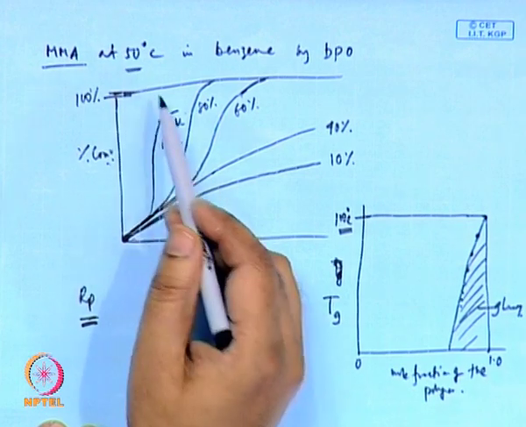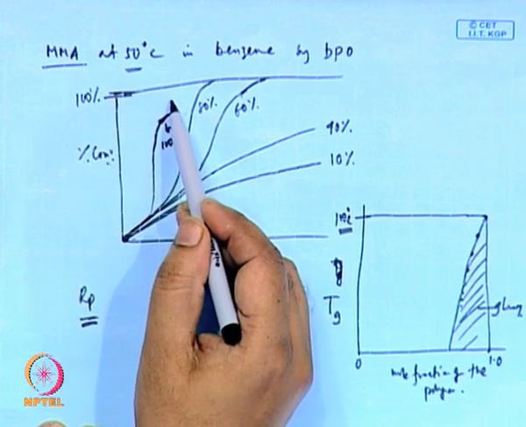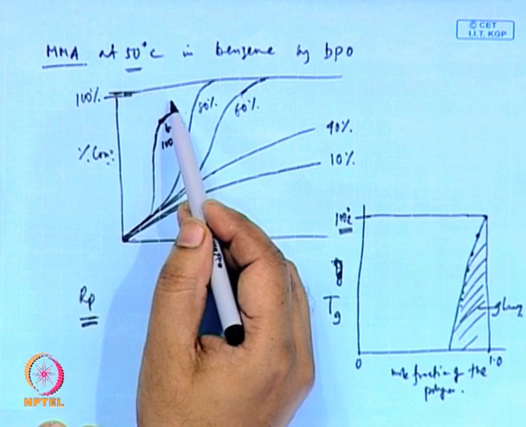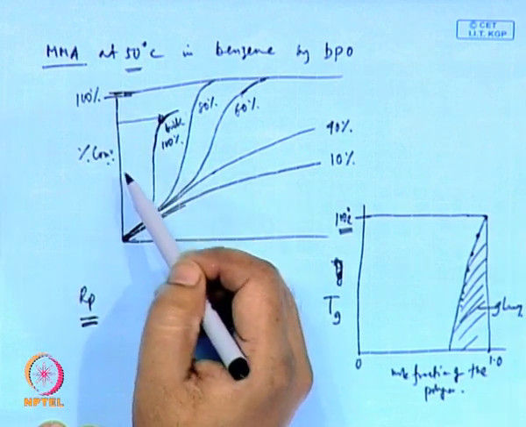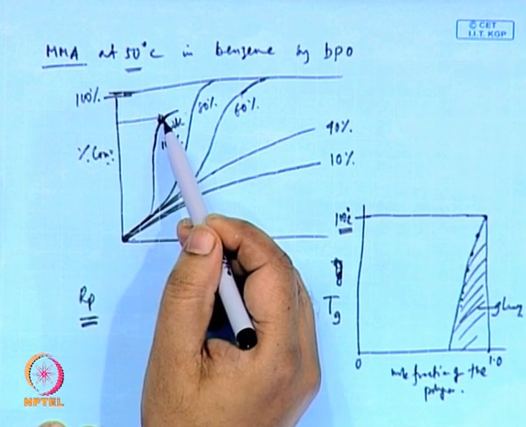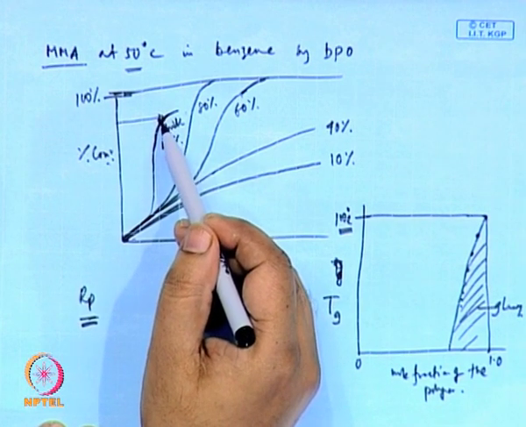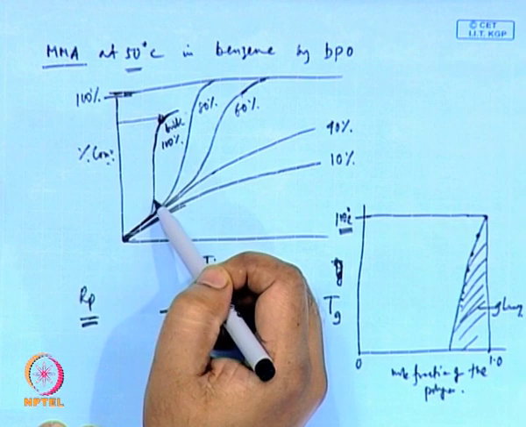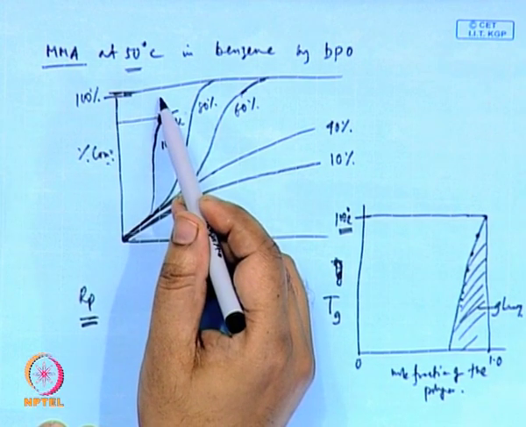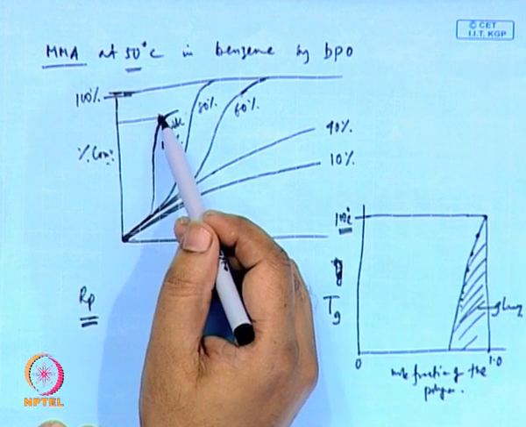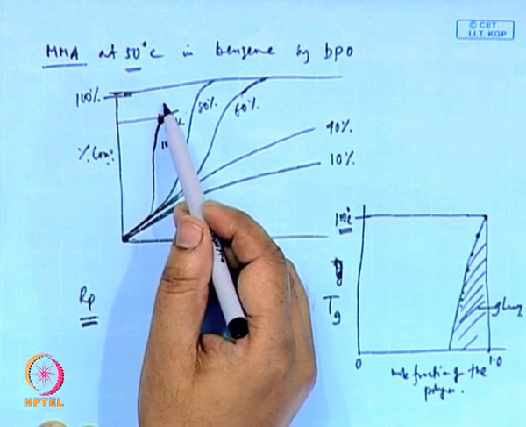So, with reaction temperature 50 degree, the Tg of these polymers has become higher than 50 degree. So, no more conversion can happen. At this conversion, Tg of the polymethyl methacrylate present here has become higher than 50 degree, which is the reaction temperature.